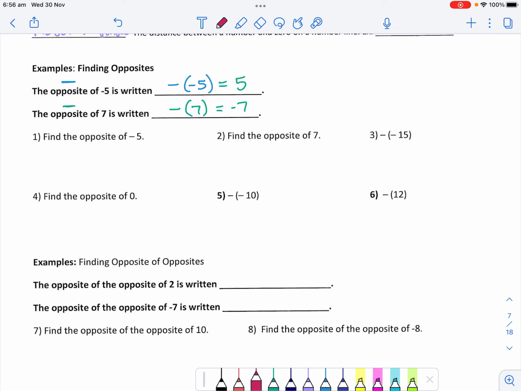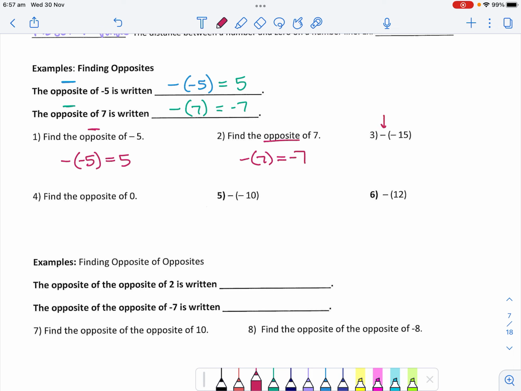And again, when I'm given the information in words, I'm going to think of the word opposite as another negative symbol, and I'm going to write my symbolic expression, the expression involving the math symbols, by adding those negative signs. So this says find the opposite of -5. So the opposite of -5, which we just did up here, is +5. And then again, the opposite of +7 is going to be -7.